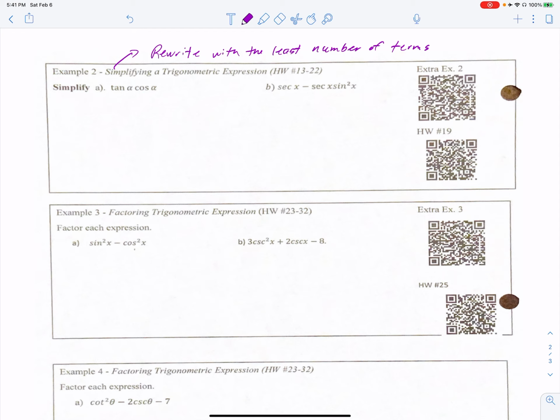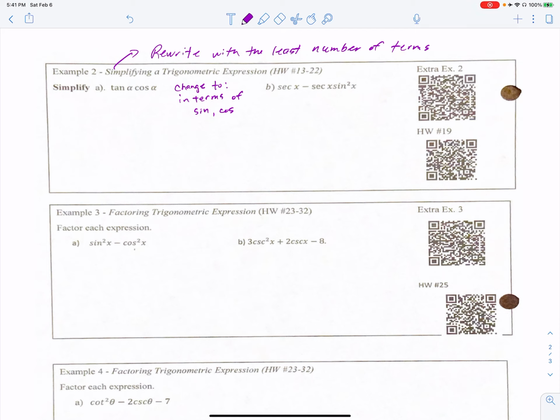And one of the techniques that we're going to see in part A is change everything to being in terms of sine and cosine. Change things into being in terms of sine and cosine. That is a technique that works. We're going to simplify this.